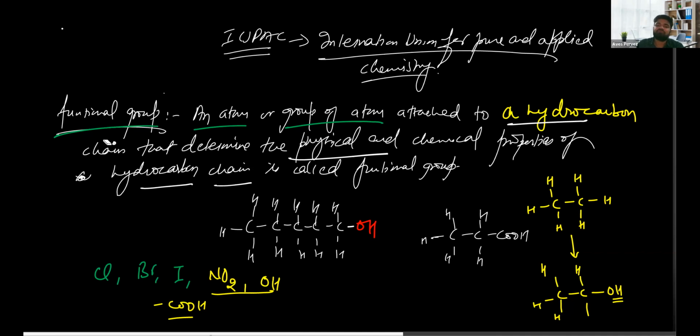Functional group: an atom or a group of atoms attached to a hydrocarbon chain that determines the physical and chemical properties of the hydrocarbon is called a functional group.